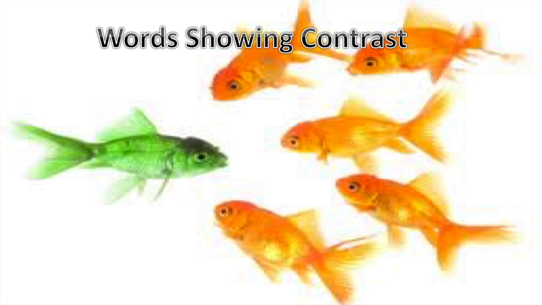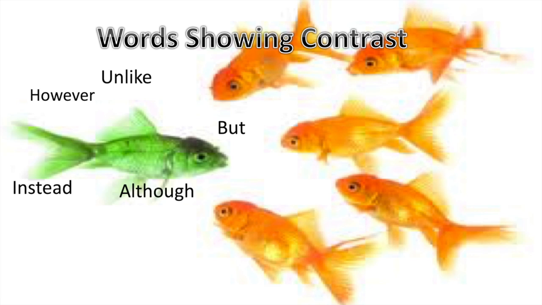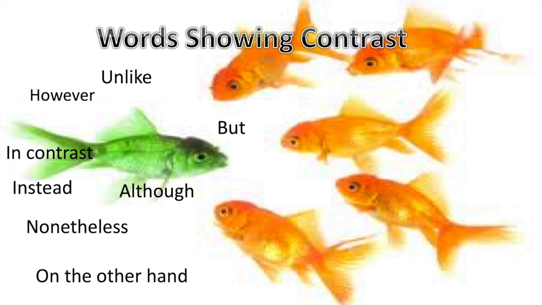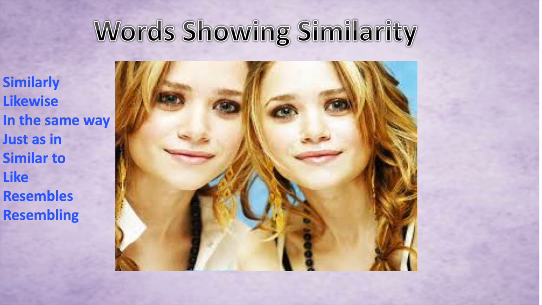So, to help you out a little bit, here's a list of some words for showing contrast. We've got unlike, however, but, instead, although, nonetheless, in contrast, on the other hand, contrary to, and then we also have a list of words here that you can use to show similarity.